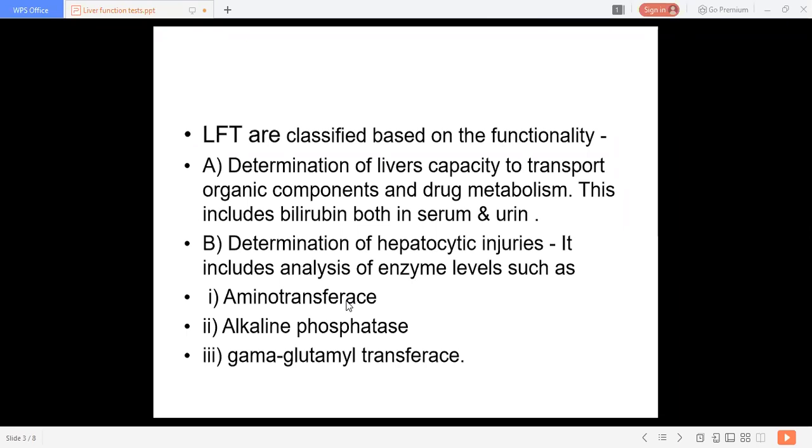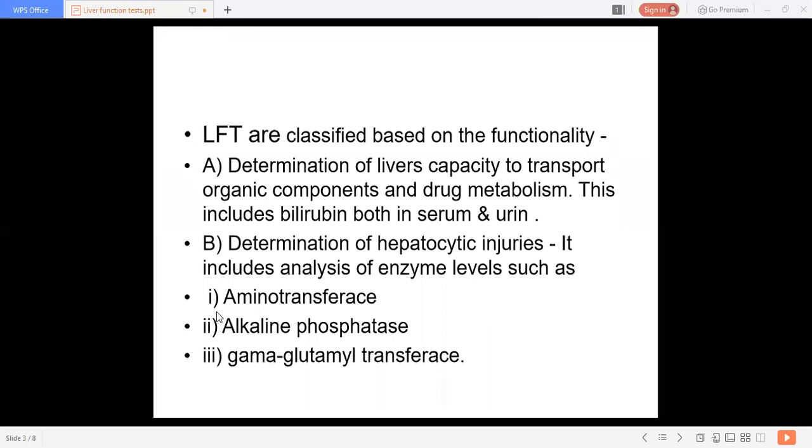So these two tests are very significant to determine any injury to the hepatocytes. AST is SGOT, and ALT is also known as SGPT. SGOT is serum glutamate oxaloacetic transaminase, and SGPT is serum glutamic pyruvic transaminase.